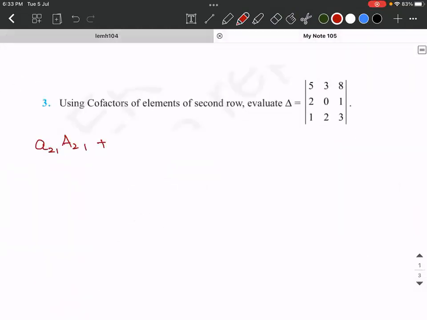a21 into capital A21 plus a22 into capital A22 plus a23 into capital A23. So a21 is 2. First, let's find capital A21. Capital A21 is minus 1 power 3 into M21. Tell me what is the value of it? 7.